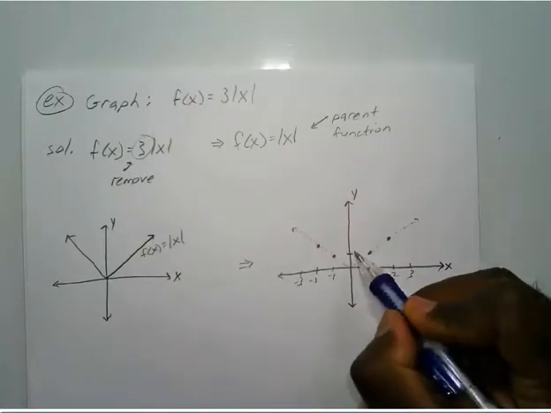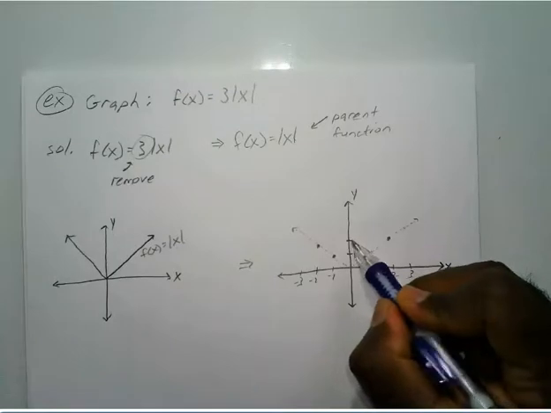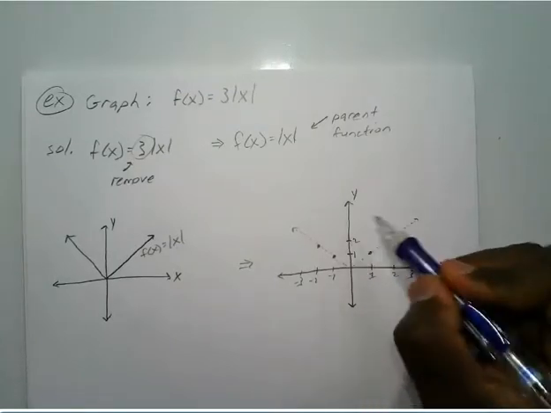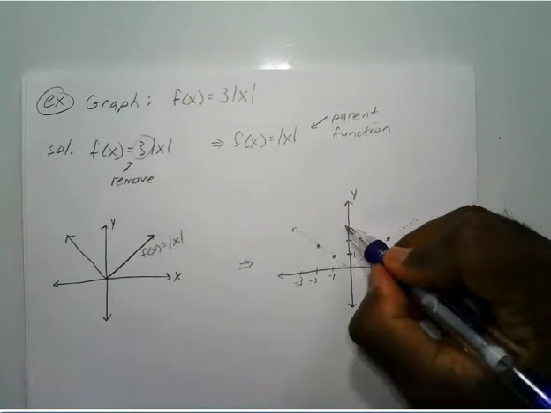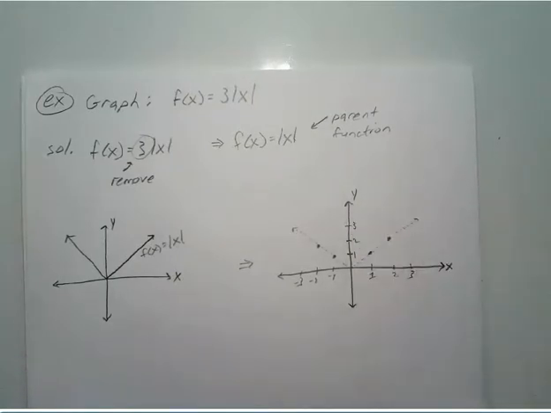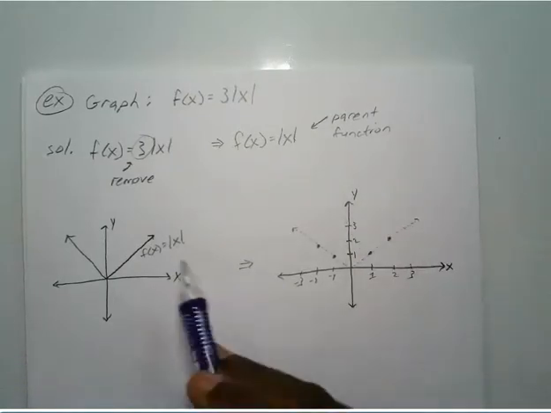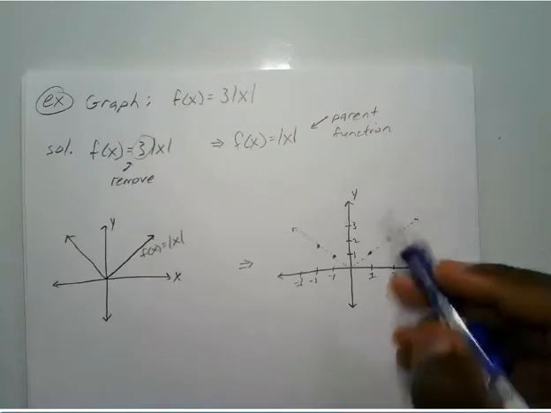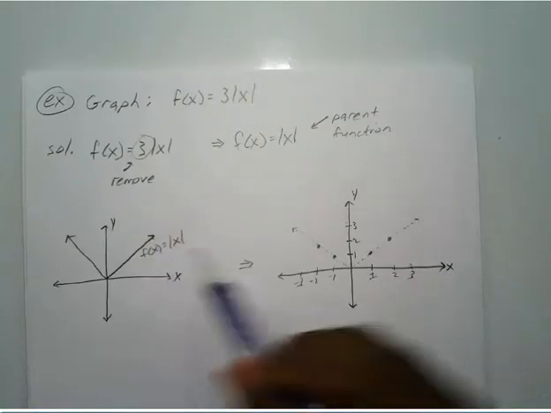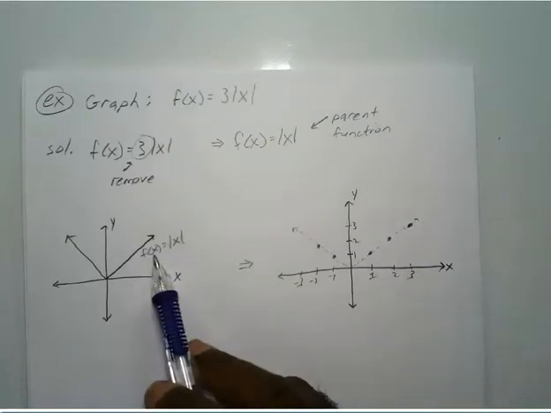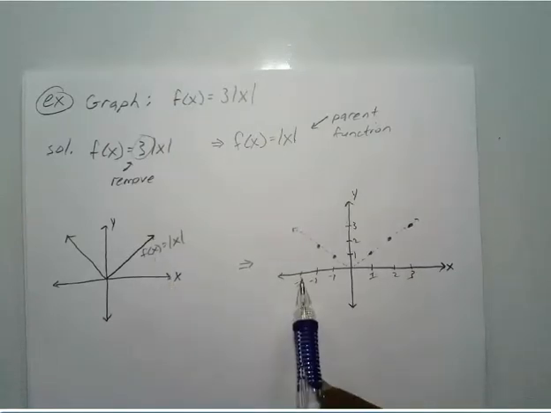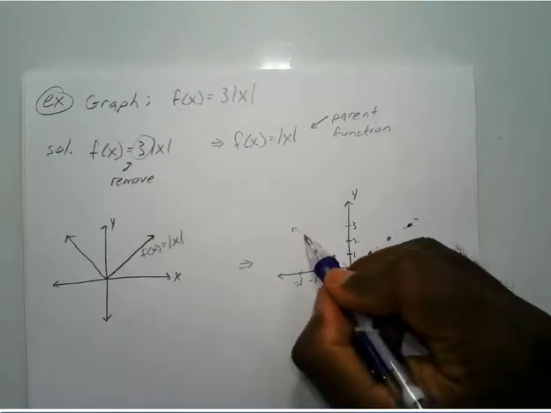Okay, so let's say this is our 1, this is our 2, say this is our 3, kind of number it off. So same thing with 3. If x is equal to 3, absolute value of x is equal to 3. When x is equal to -3, absolute value of -3 is still 3.